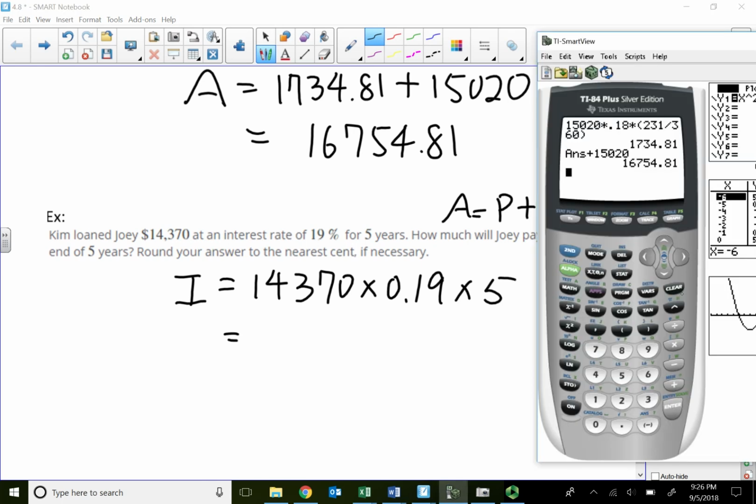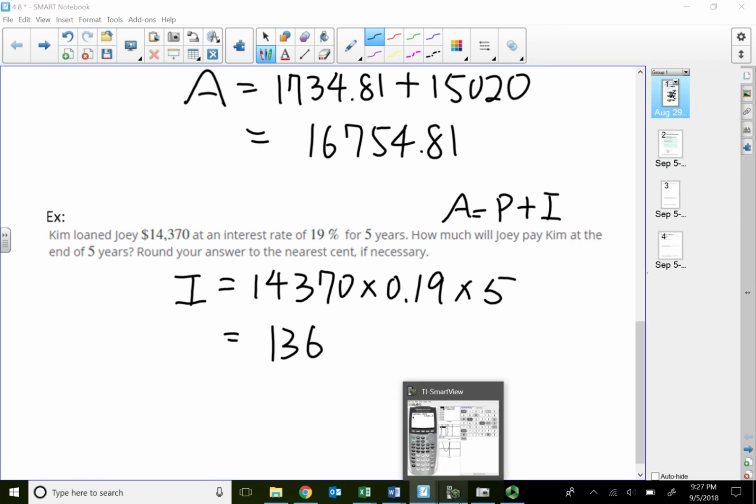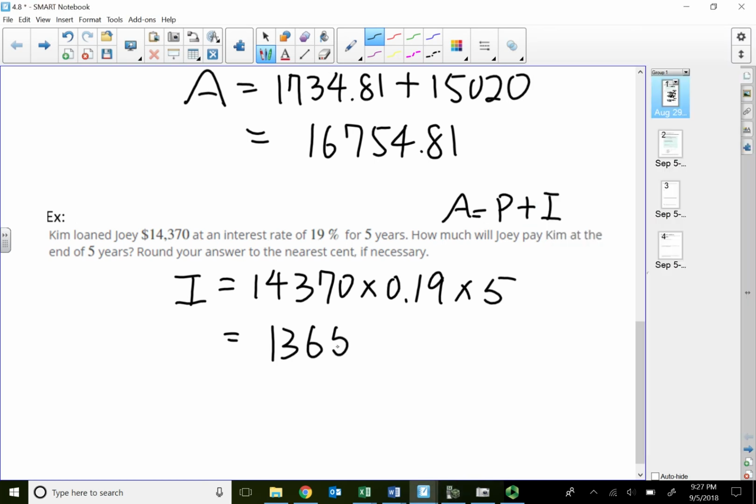So let's check it out. 14,370 times 0.19 times 5. So that will be $13,651.50. So that's a lot of interest, right? Because this is actually 5 years' worth of interest accumulated.